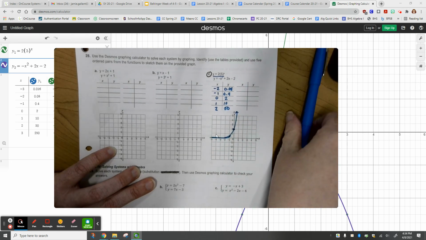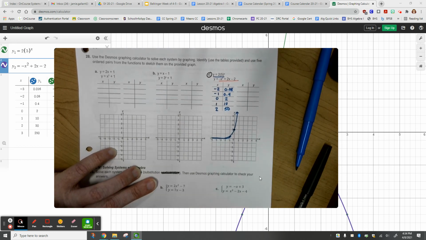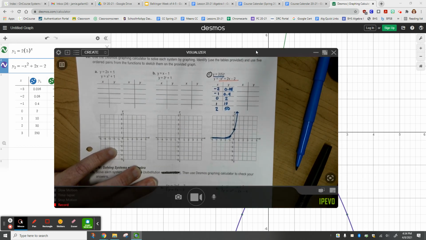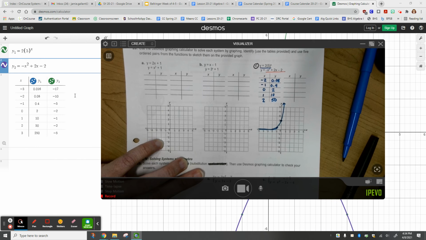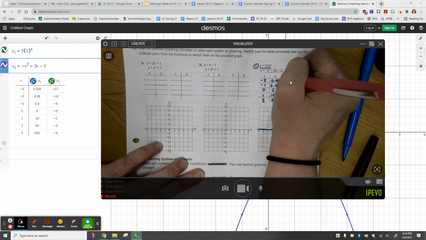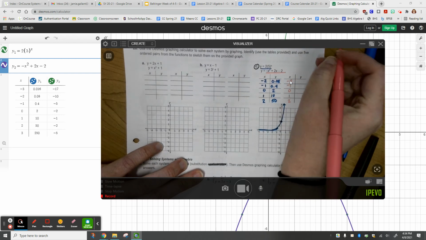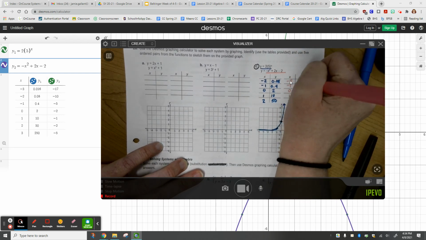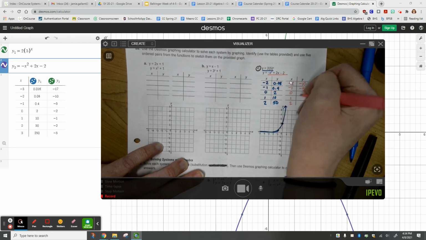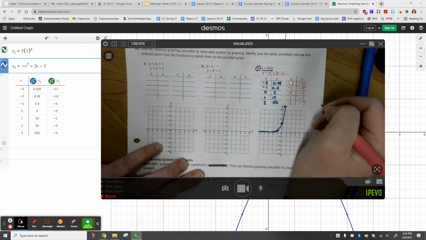Okay. Then we're going to do the second one in pink. So I'm going to copy values from over here. I'm probably going to pick the same numbers. So we'll go from -2, -1, 0, 1, 2. Gives me -10, -5, -2, -1, and -2 again.